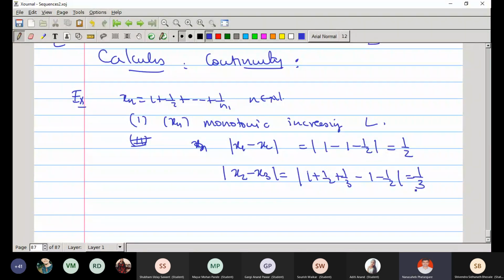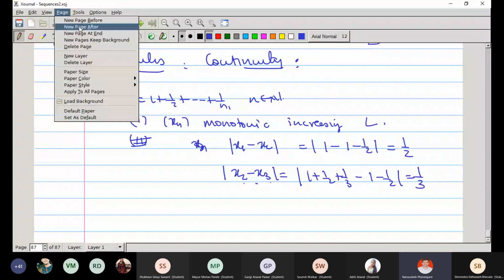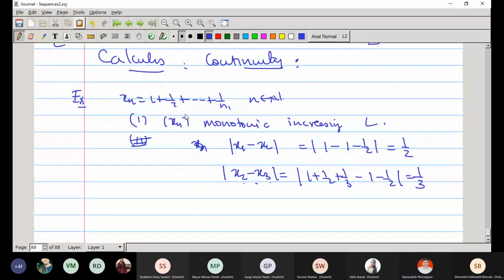But is this distance between the next two terms a constant times the previous one? There should be a constant.